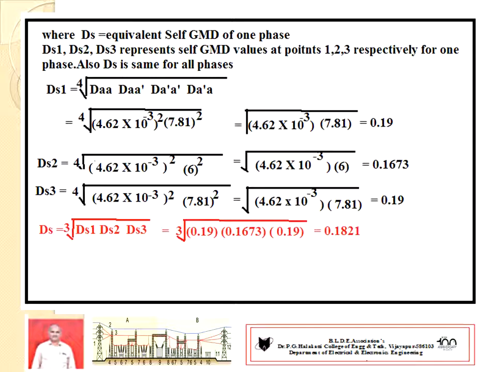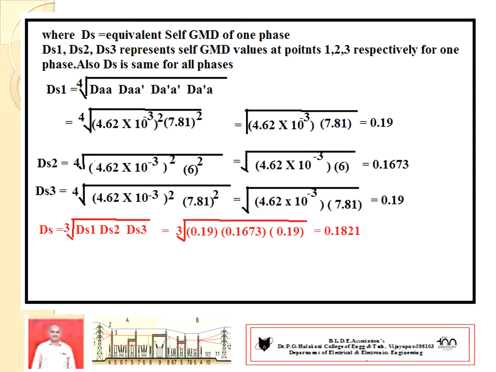Ds1 equals the 4th root of Daa, Daa dash, Da dash a dash, Da dash a, all related to the conductors. Substituting the values, finally you get 0.19.